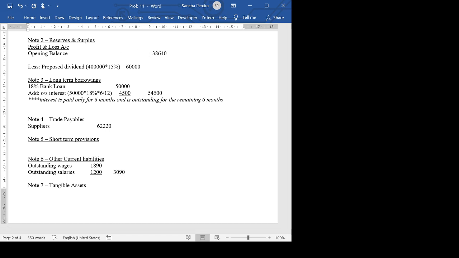Similarly, we'll also have to deduct the transfer to general reserve, which we can do only once we get the profit. Secondly, this proposed dividend will also come in short-term provisions along with provision for tax. Proposed dividend will be 60,000 here.